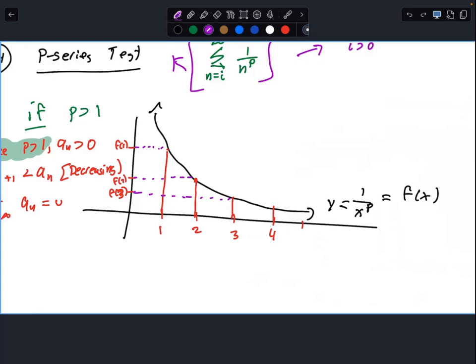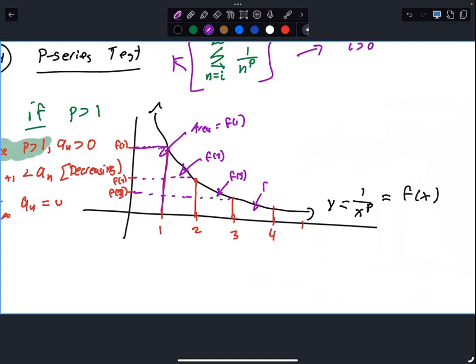We've done Riemann sums, and if you think about this right here, the area of that piece is equal to what? It's f of 1 times 1. This area right in here would be f of 2. This area, f of 3.